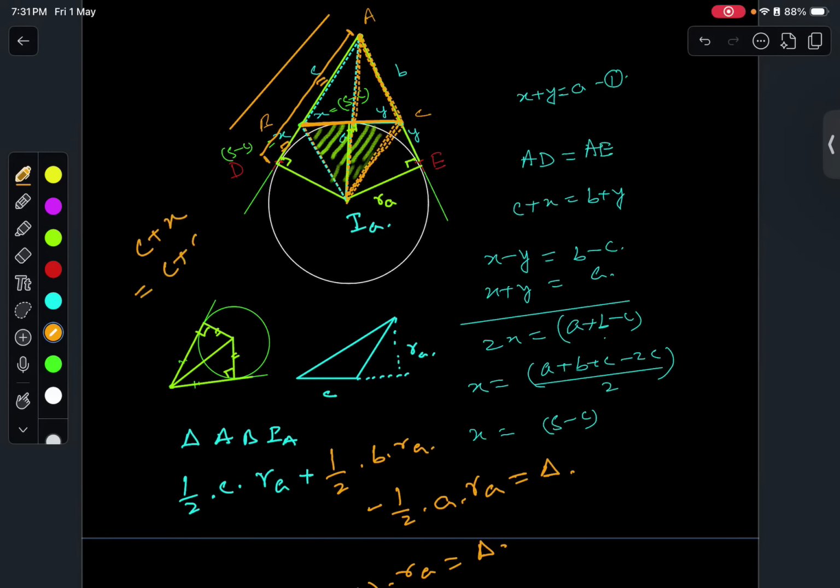X was S minus C. So this length is coming as S only. And this is A by 2. So tan of A by 2 is this RA upon S. So tan A by 2 is equal to RA upon S.